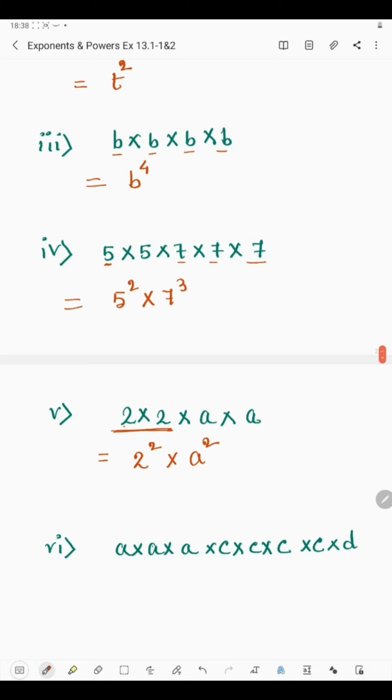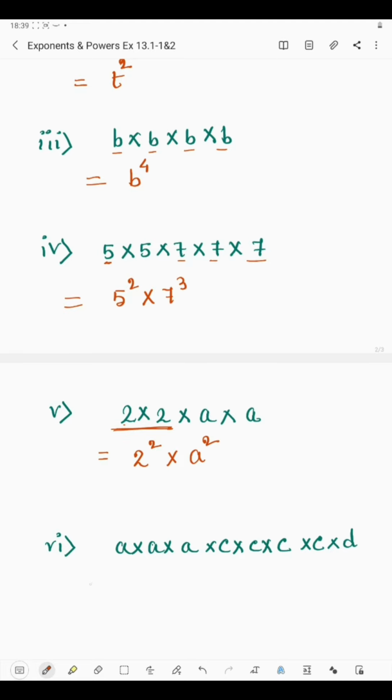Now in the last part we have a multiplied by a multiplied by a multiplied by c multiplied by c multiplied by c multiplied by c multiplied by d. Here a is repeated 3 times, so the power of a will be 3. Now c is repeated 4 times, so it will be c to the power 4.